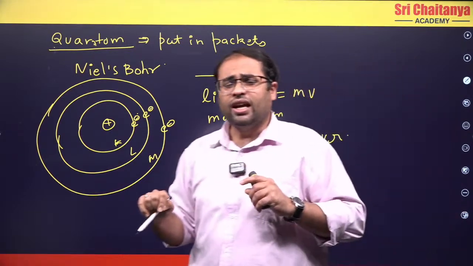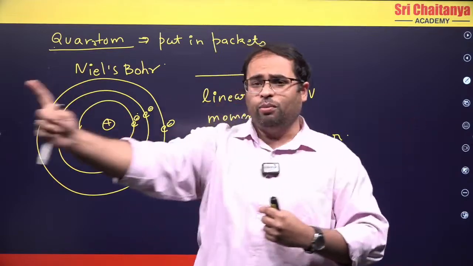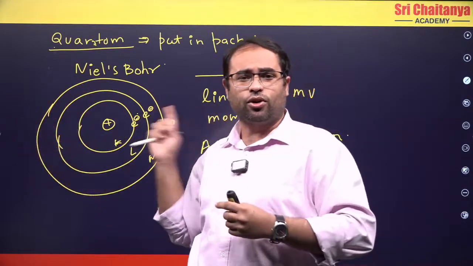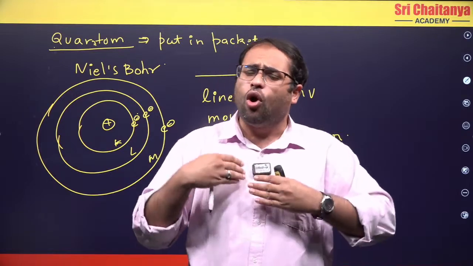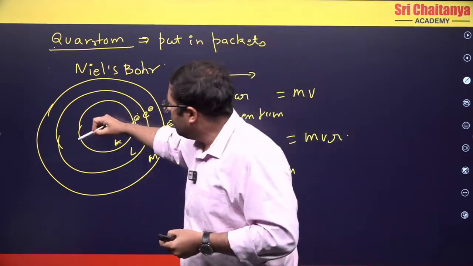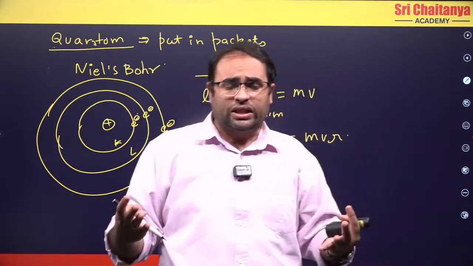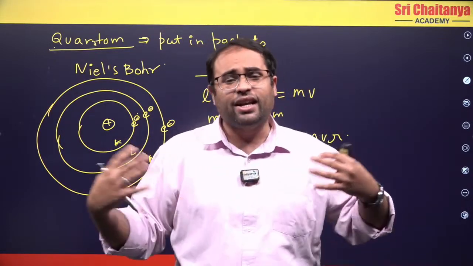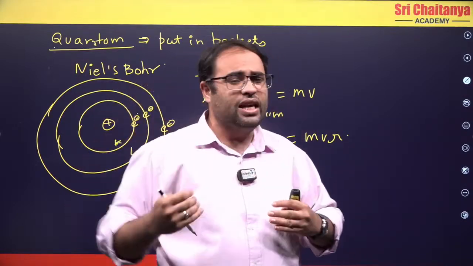So Bohr said, suppose I am the nucleus and around me there are orbits with electrons revolving. Can an electron revolve in all orbits? If that were the case, there would be a continuous number of orbits. Does the planet around the sun revolve in all the orbits?